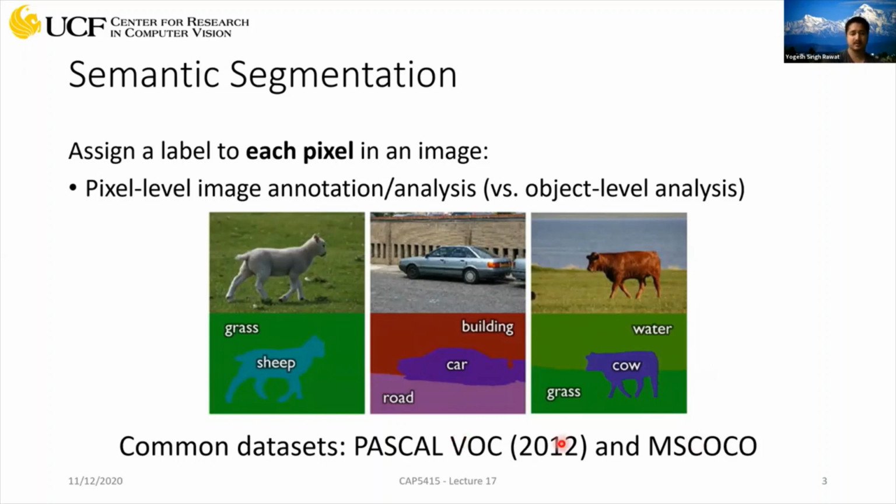Another interesting thing you can note is that for all these data sets, for each pixel, you know which semantic category it belongs to. Let's say you don't have annotation for each pixel. Then what we can usually do is, if you have a bounding box which says that this bounding box belongs to sheep, you can propagate that label to all the pixels inside that bounding box.